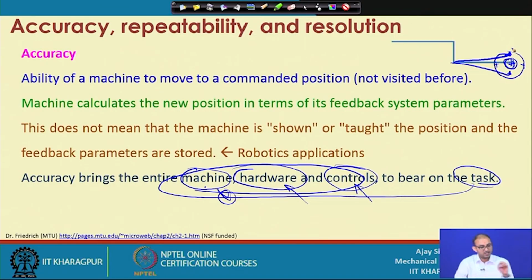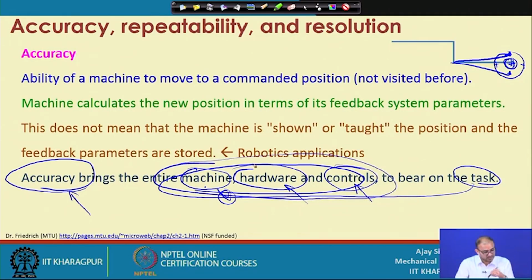That is the problem. So what is the importance of accuracy? If your machining accuracy is very, very high, you can understand that all parts are working fine. If one part is not working fine, you will not get accurate machining. So all the systems included within the machine tool are responsible for getting high accuracy in the machining operation.